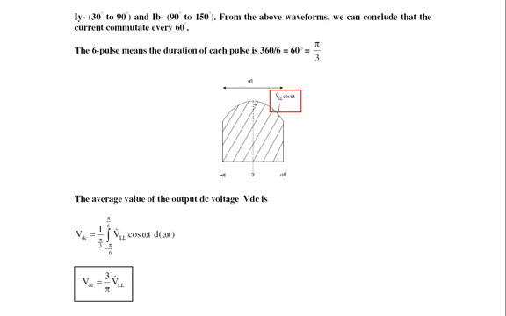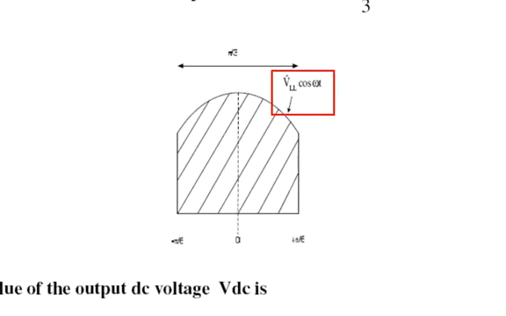Because this follows the line-to-line voltage, we have V peak line-to-line cos theta to describe the instantaneous equation of the output voltage. As for the limits of the angle, we have plus 30 degrees, minus 30 degrees. Therefore, the pulse duration is 60 degrees. So you start with minus pi over 6 and it ends at pi over 6.